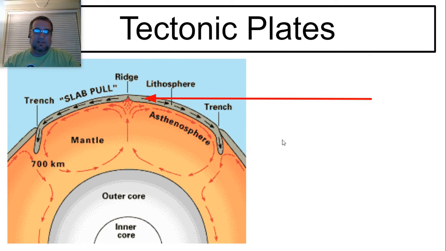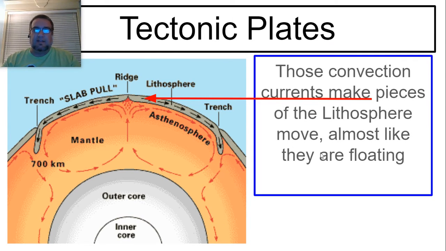Right. So a tectonic plate is just the lithosphere, the rigid part, and it moves around because of the convection currents. They keep cycling around, almost like they're floating. Think about it like you're in a tube in the water, and then something happens underneath you, and it makes you move.